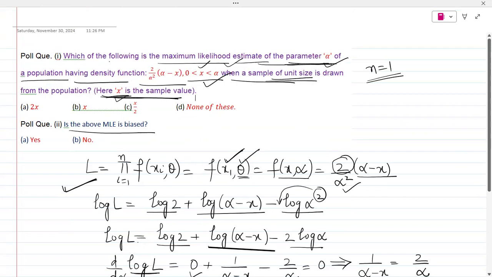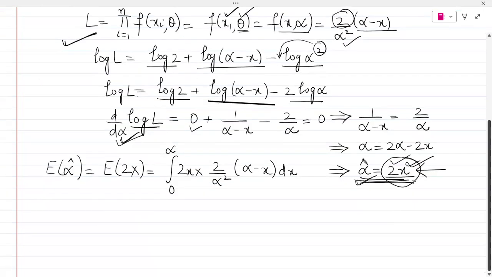Okay. So now what is this thing? In the very first lecture on estimation, I mentioned that the expected value of any function is nothing but the value of the function into the PDF, the probability distribution function. And now here it will be integration. Why?